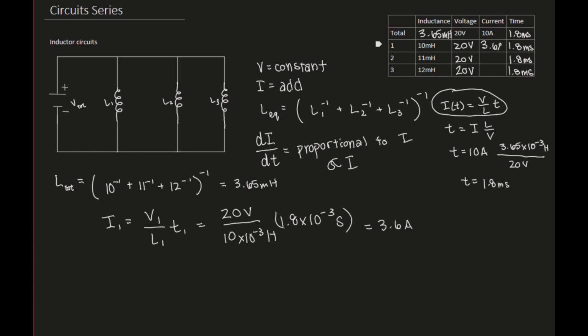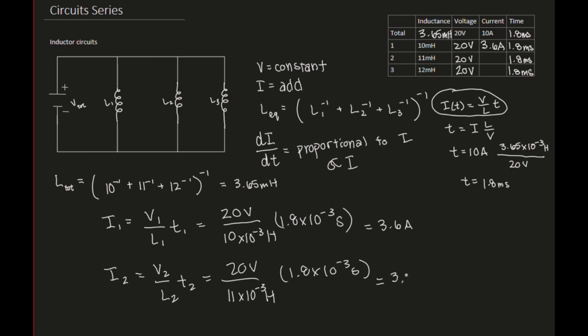We can do the same thing with I2 equaling V2 over L2 times T2. I get 20 volts over 11 times 10 to the -3 henries times 1.8 times 10 to the -3 seconds. Plugging into my calculator, I get that it's something like 3.27 amps, roughly.